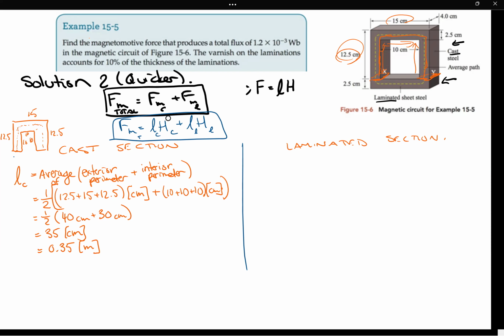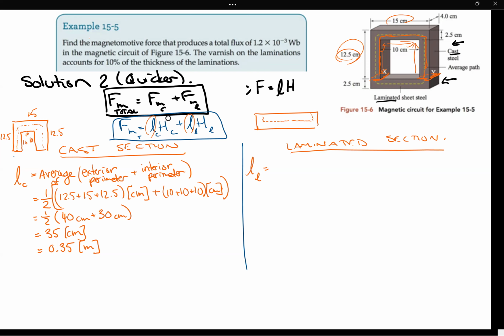All right, now let's do the laminated section. Why do I need LC? It's to just go into this formula. So L of the laminated section, well, the laminated section is just a rectangle. So it's really, oh, it's not like that at all. It's not just like that. It's this middle section, plus it goes up a little bit, plus it goes up a little bit.